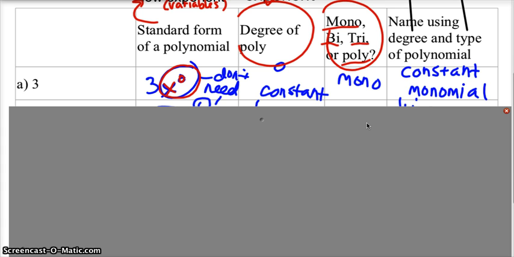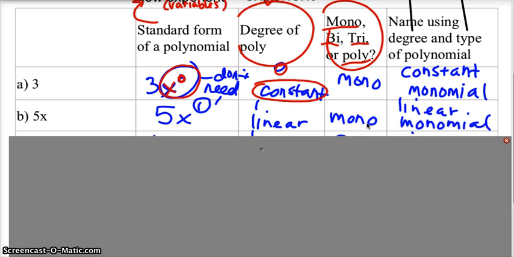When we talk about the degree, we're looking at the highest exponent. Well, the only variable with an exponent is x to the 0, so it has a degree of 0, which we refer to as constant. Is it a monomial, a binomial, a trinomial, or a polynomial? Because it has 1 piece, it is a monomial, so its name is a constant monomial.